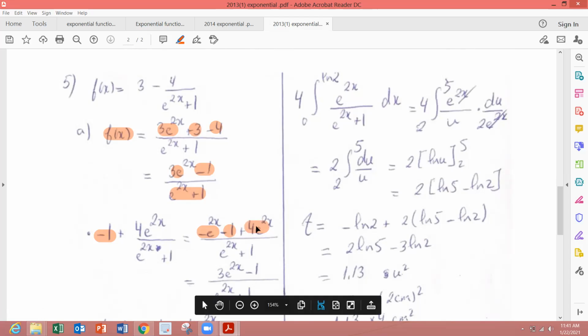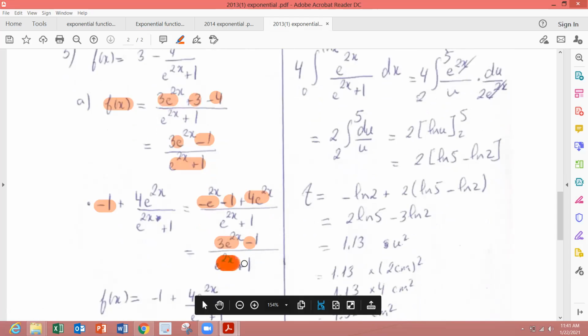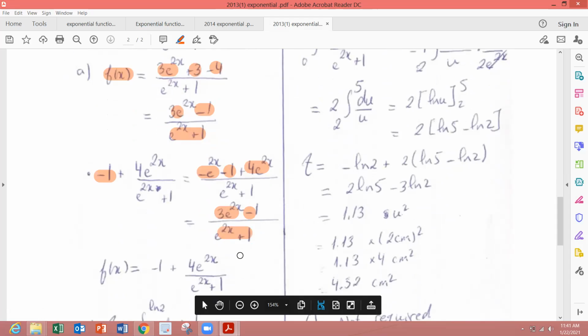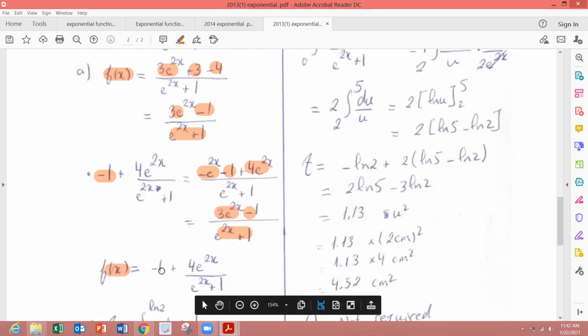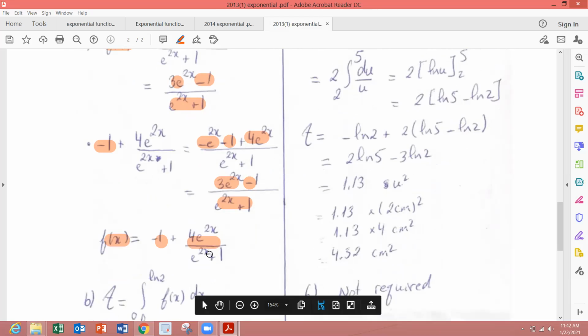We get 4 e power 2x minus e power 2x, which is 3 e power 2x, minus 1, over e power 2x plus 1. So we get two equal values. So f(x) equals minus 1 plus 4 e power 2x over e power 2x plus 1.